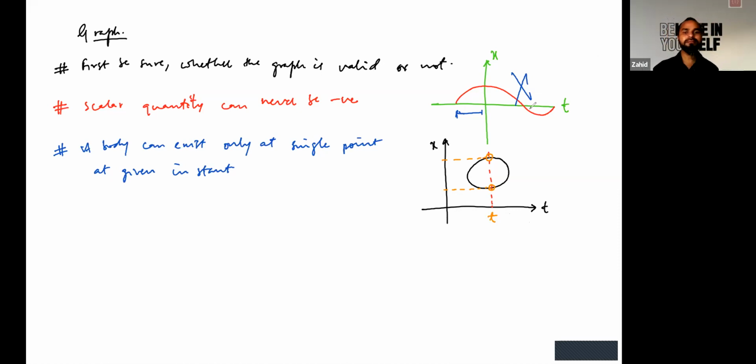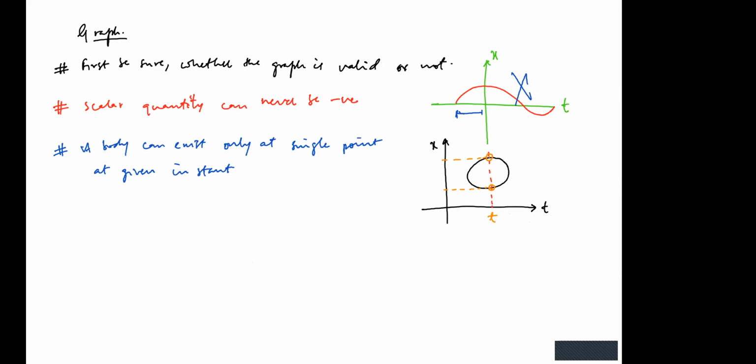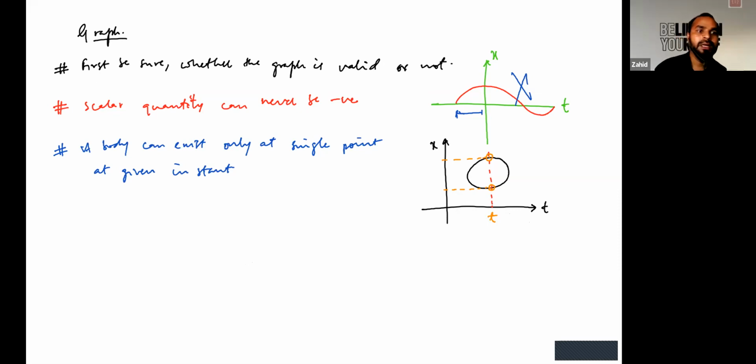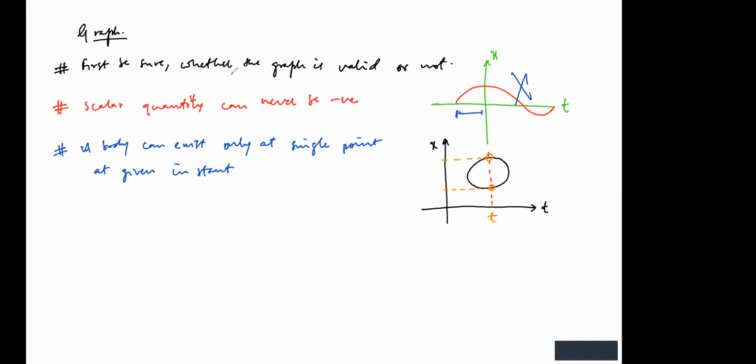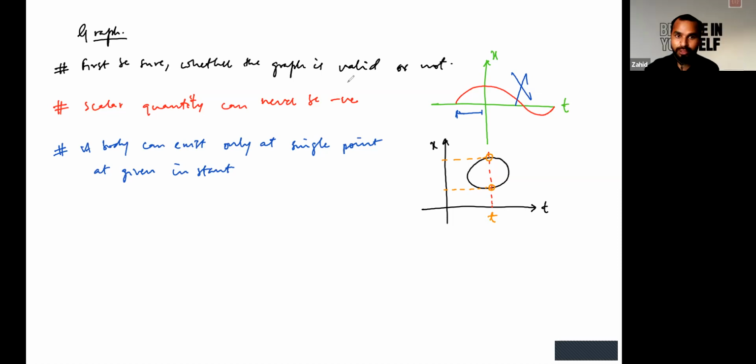Excuse me, sir. Can you explain the first graph again? Okay. Just check whether the graph is valid or not.